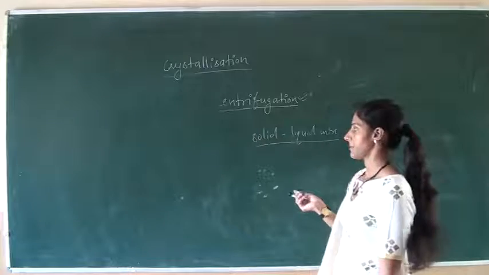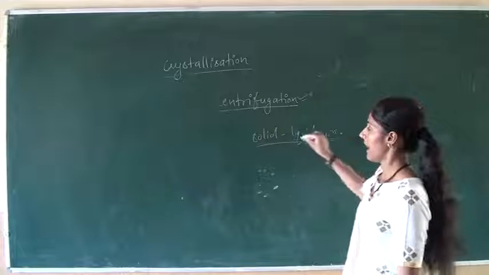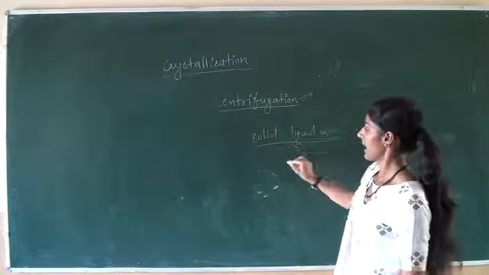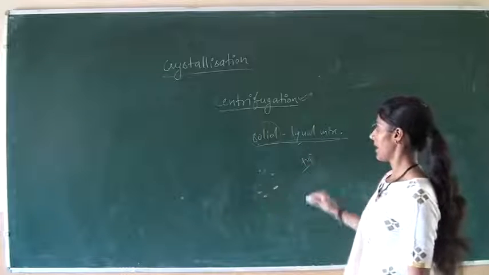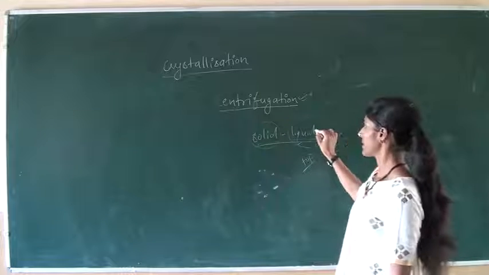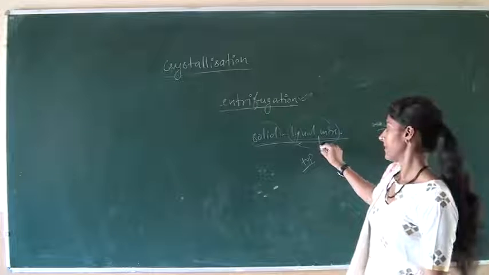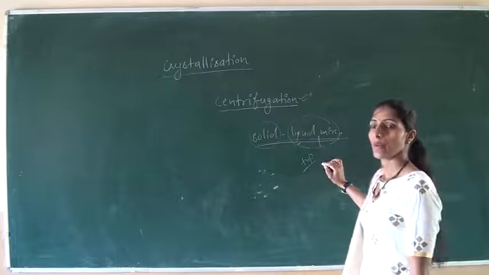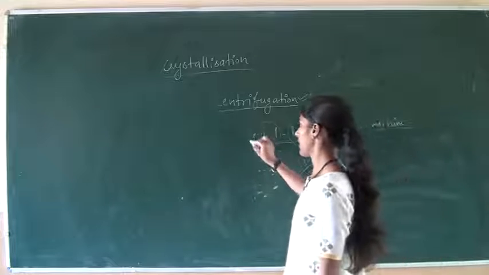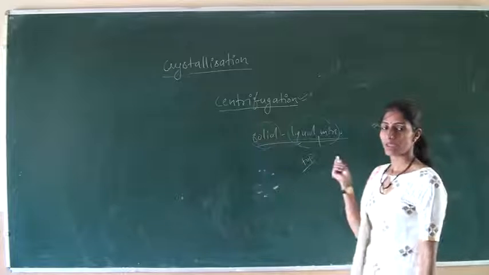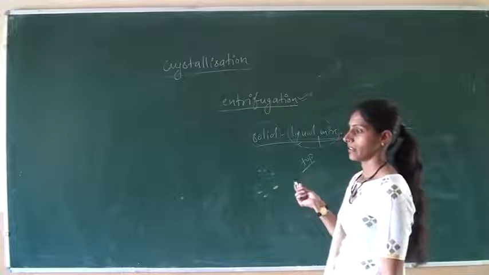After rotation of the solid-liquid mixture, the heavy solid particles come to the top of the vessel, and the liquid, which is lighter in weight, remains at the bottom of the container. Then we can easily separate the solid particles from this mixture.